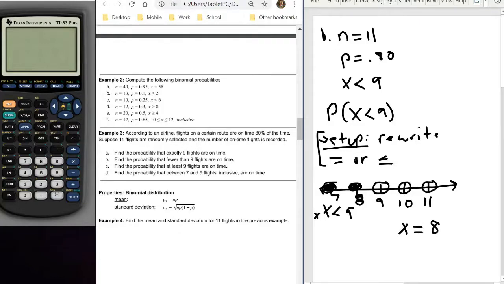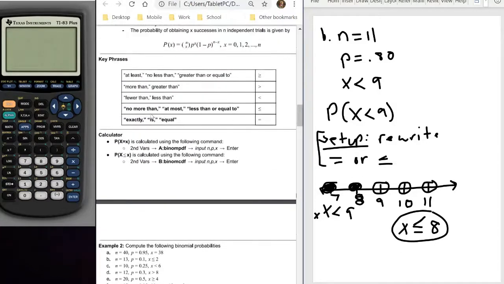And notice we can also be less than this number. We include 7, we can include 6. So if we can be less than as well, notice what we have now: the symbol that we can use with one of these two calculator commands.